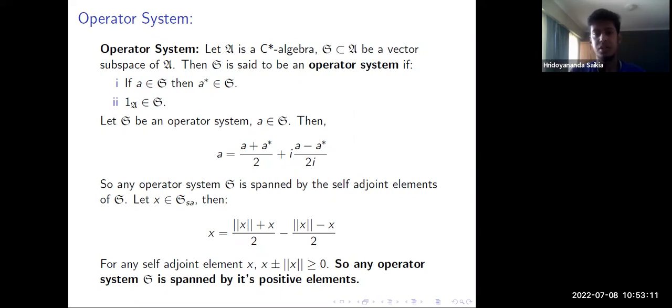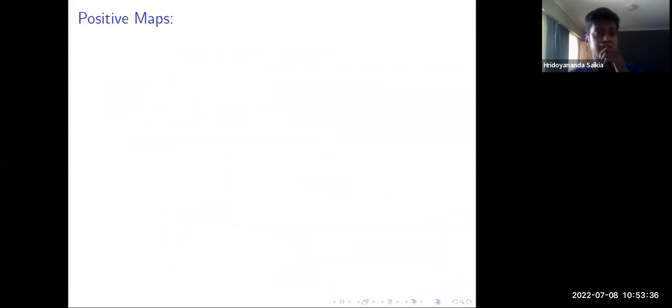In an operator system we have more flexibility because it doesn't have as much structure as the C-star algebras, but the operator system does have some structure related to positive elements. So we can talk about maps which preserve this positiveness. That's why I want to define positive maps.